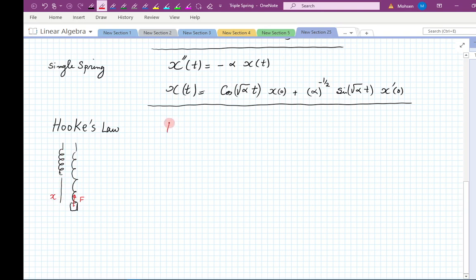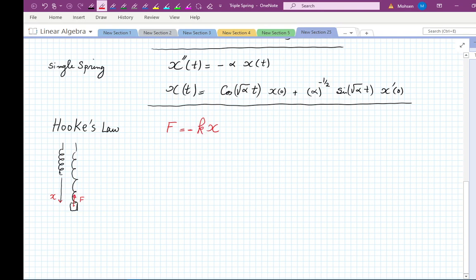So Hooke's law says this force is proportional to the displacement, the stretch. The force is in the opposite direction: you pull this thing down, and the force that the spring acts on the object is going to be in the opposite direction. So for that reason, there's going to be a negative sign here. And then there is some constant of proportionality. We just write it as k.